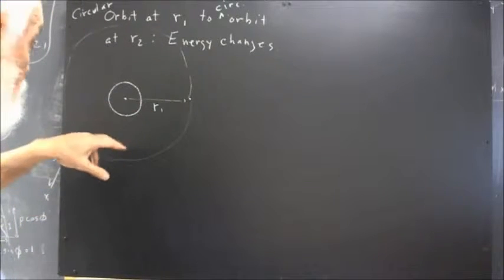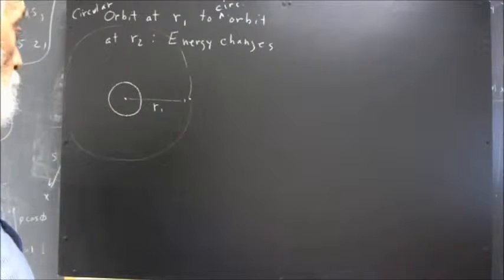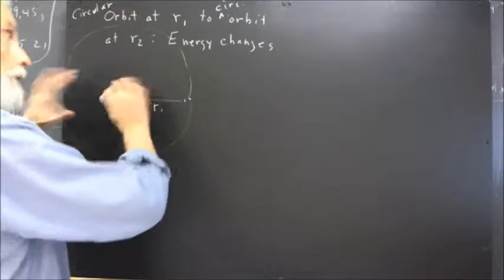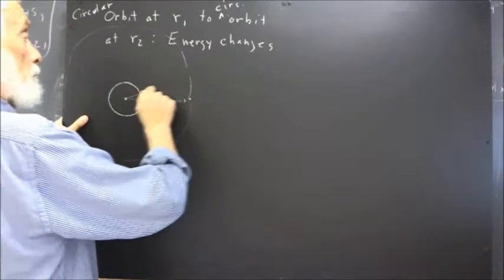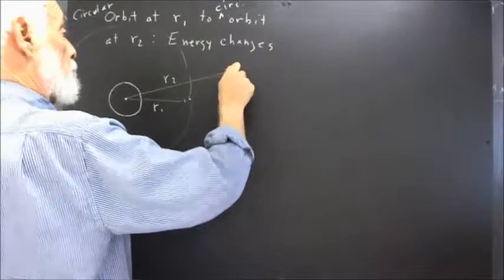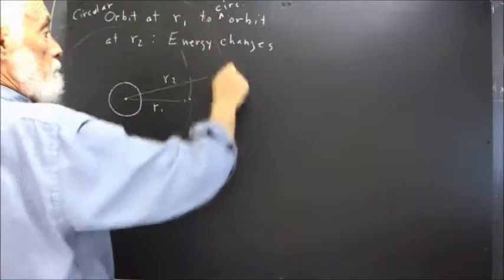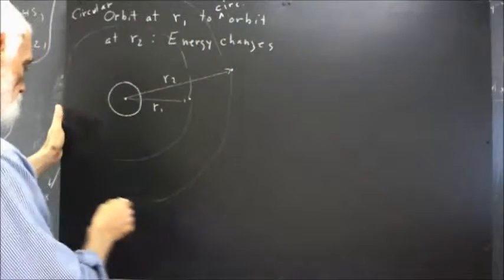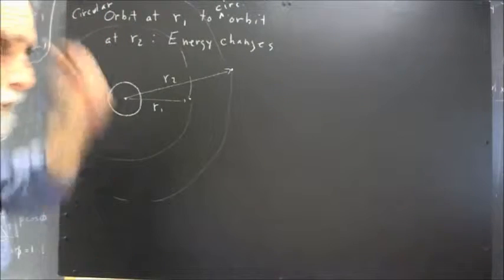Now, it's very interesting what you have to do to get from a circular orbit at r1 to a circular orbit at r2. But right now, we're just going to look at how much energy change there is. So here's r2, and now we have a circular orbit here, draw part of the circle. Okay.